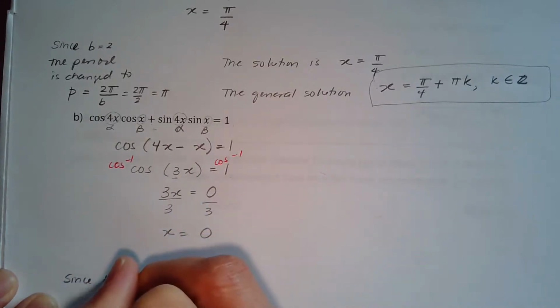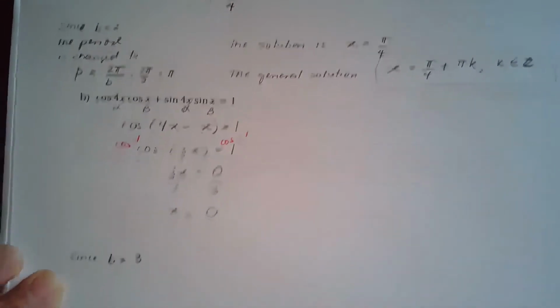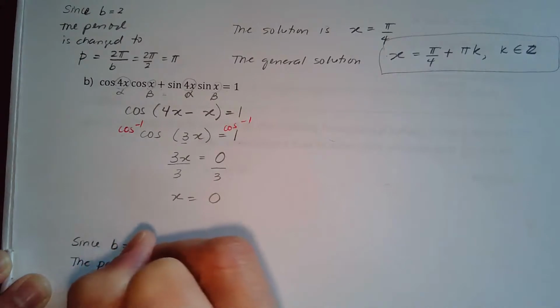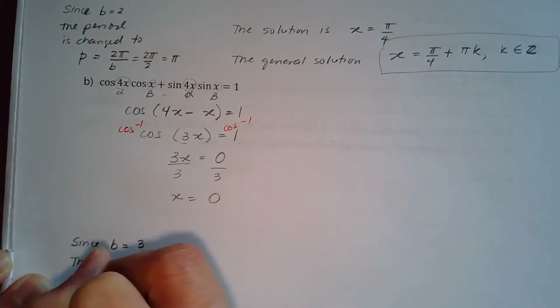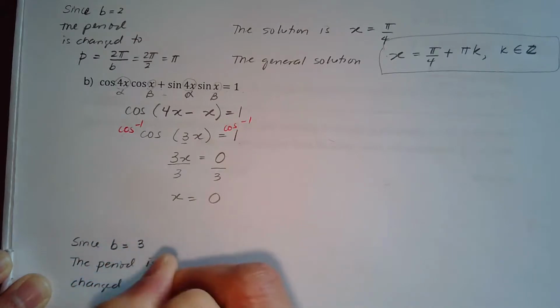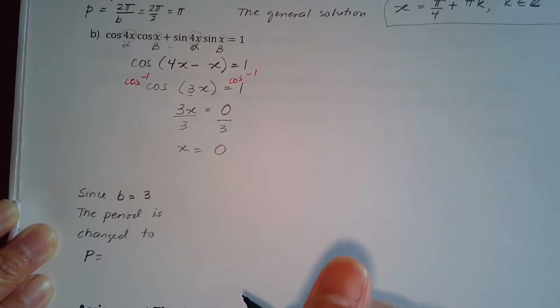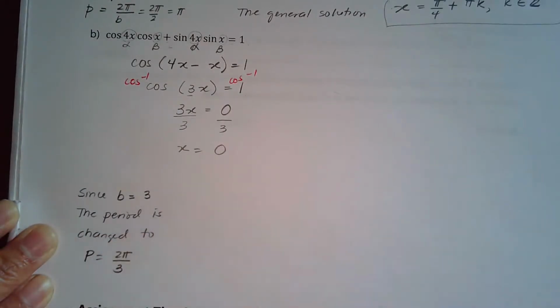Now, since the b value is 3, the period is changed to p equals 2 pi over 3.